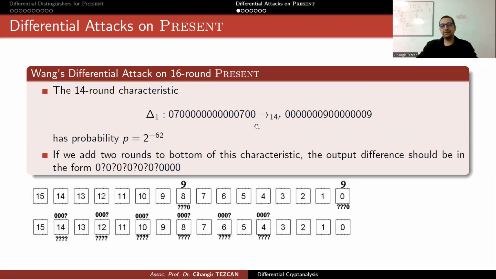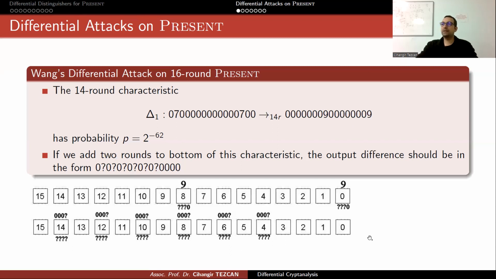As an attacker, I say, give me M plaintext pairs where the pairs have differences like this. Now, I cannot ask what happens after 14 rounds because I'm going to attack 16 rounds. I have no control over the intermediate bits. So I say that after 16 rounds of encryption, give me ciphertext pairs whose XOR is in this form, where there are no differences here and there may be differences in the question mark places.